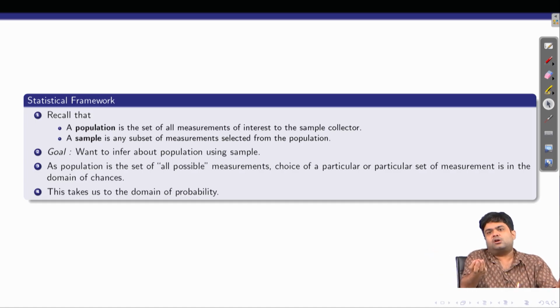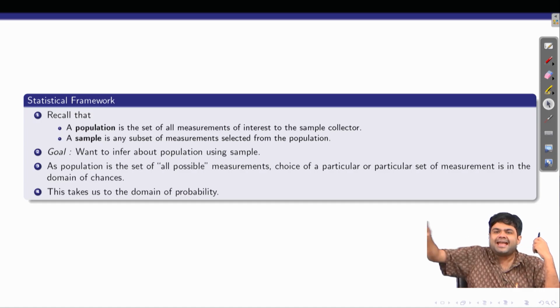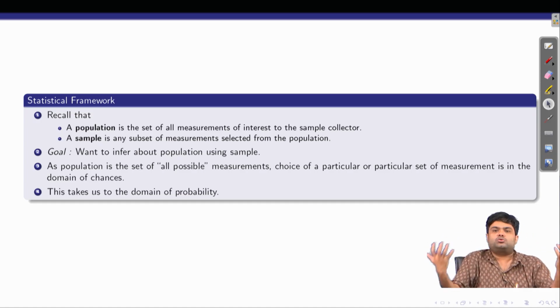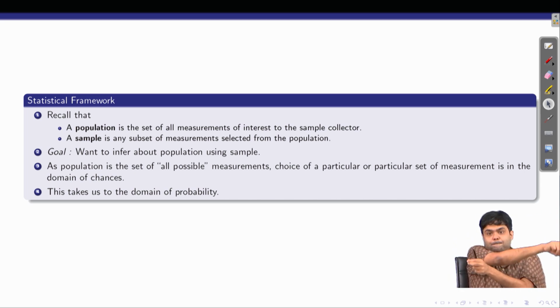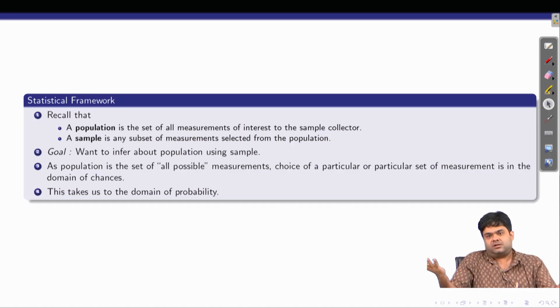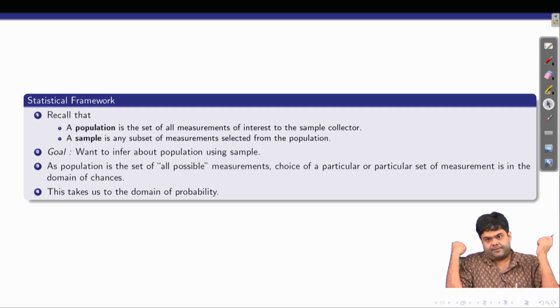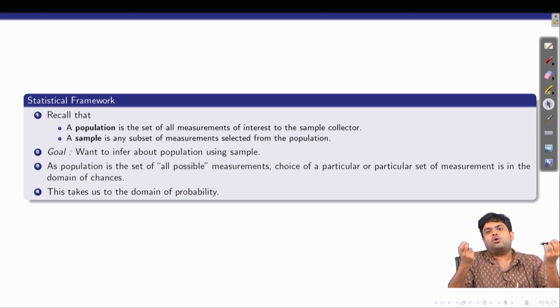In any population, when you are choosing a sample, it can basically be anything in the population. Whenever we are drawing a sample out of the population, a particular sample point has the potential of being any of the population points. So we can talk about the chance of this sample being some of the population. Just another modification of the coin tossing example: pick randomly an Indian of age, let us say, between 30 and 40. What is the chance that the person you have picked is diabetic or non-diabetic?